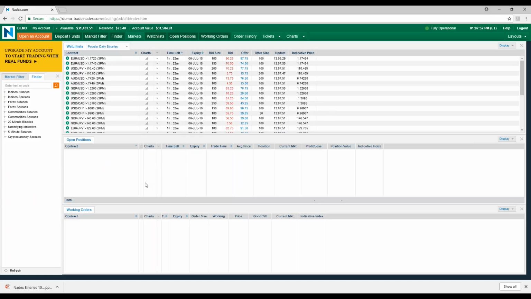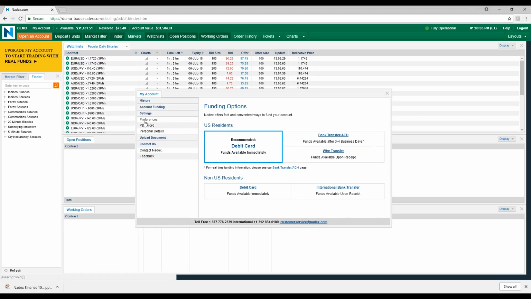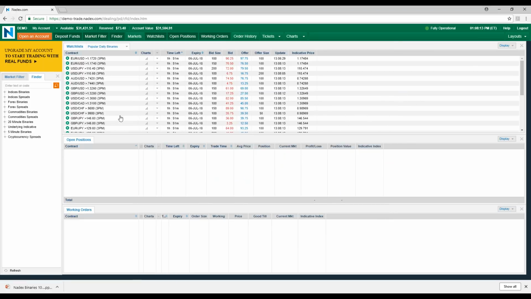Okay. Once you're logged into the demo platform for your very first time, go right up here to My Account, and then click right here under Settings, and then right here under Password. That will let you change that temporary password they sent you into whatever password you would like to have ongoing, and then you'll have access to the demo platform.